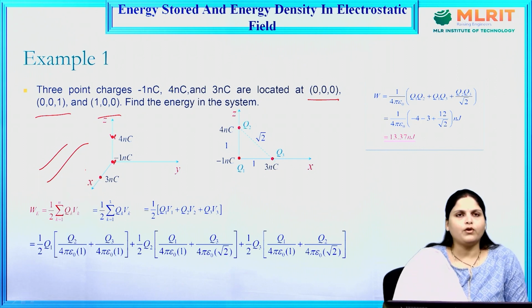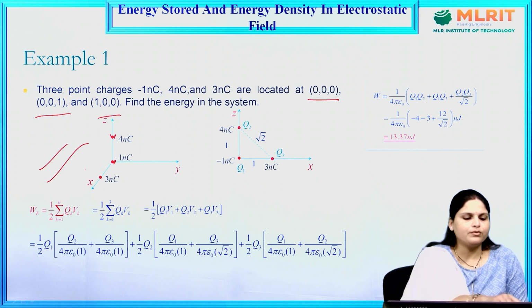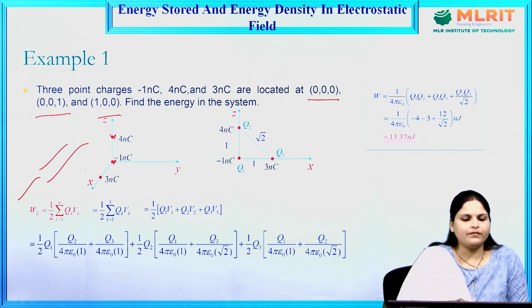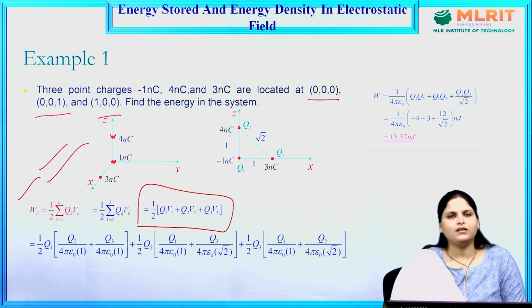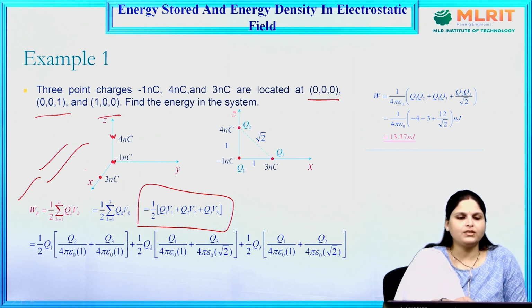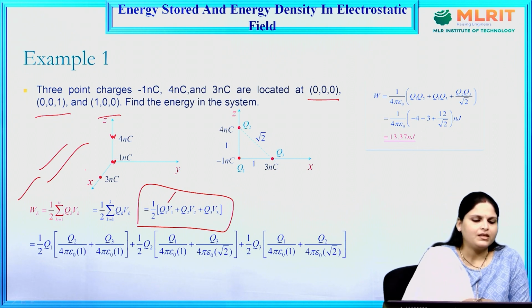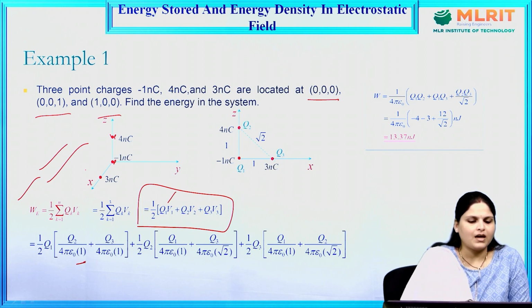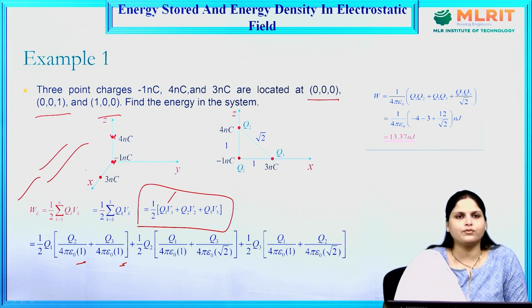Now if we want to find out total energy in the system, we can use this formula WE equals 1 by 2 summation of Qk Vk. And if we elaborate it, because only 3 charges are there, we can put the limit from 1 to 3, and this formula becomes 1 by 2 (Q1 V1 plus Q2 V2 plus Q3 V3). And in this formula, we need to put the expressions for V1, V2 and V3. Again, we further evaluate. So this becomes 1 by 2 Q1 into (Q2 upon 4 pi epsilon naught R plus Q3 upon 4 pi epsilon naught R).